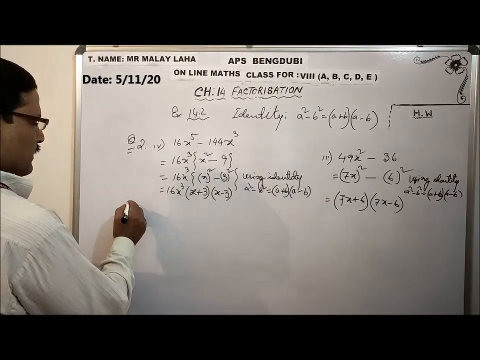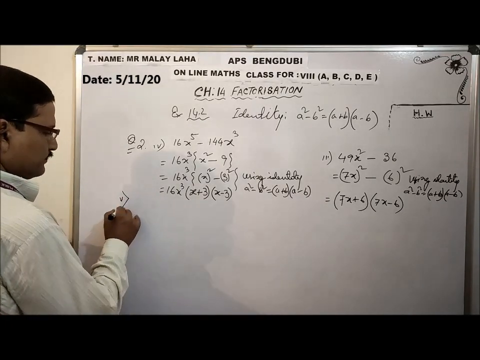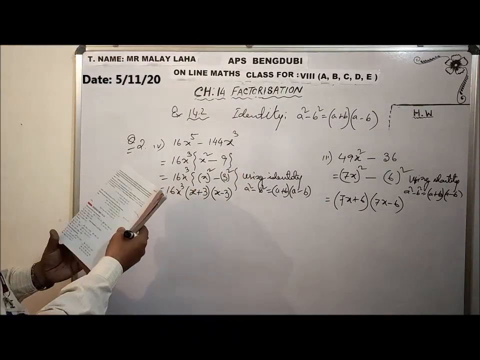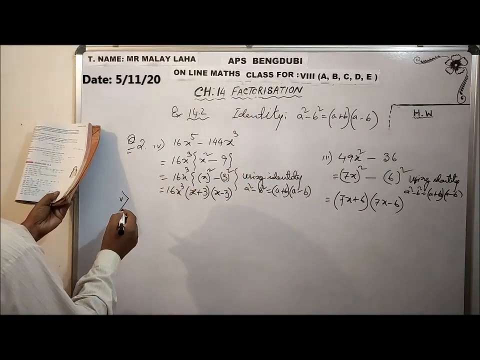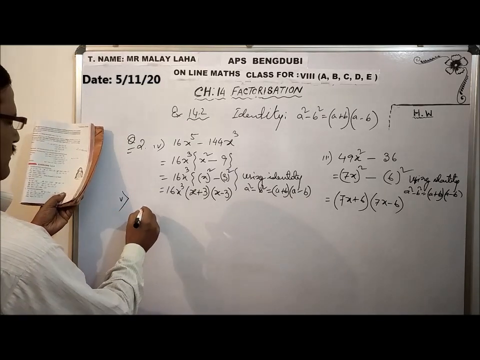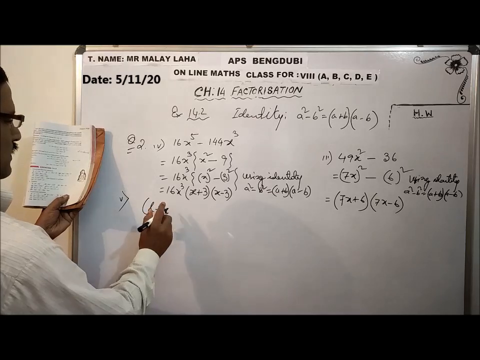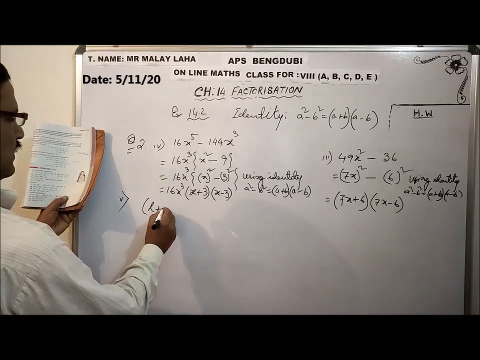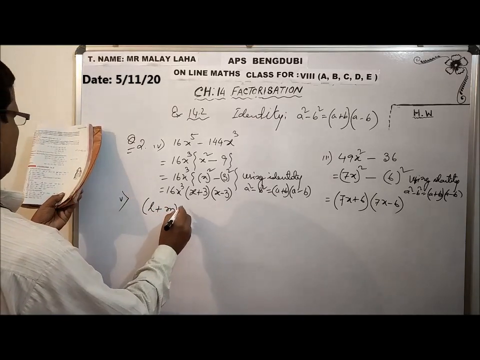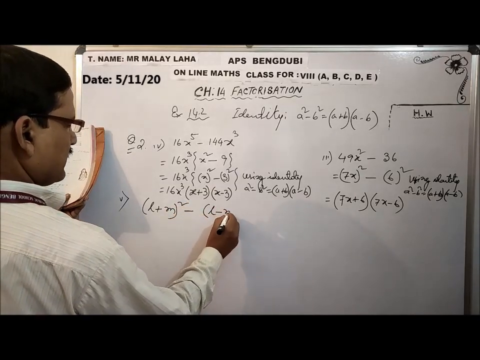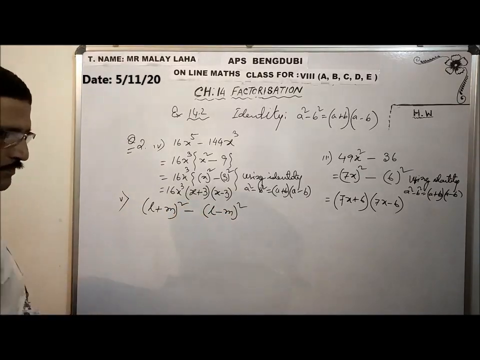Okay, question number 5. This one is l plus m whole square minus l minus m whole square. Very good.